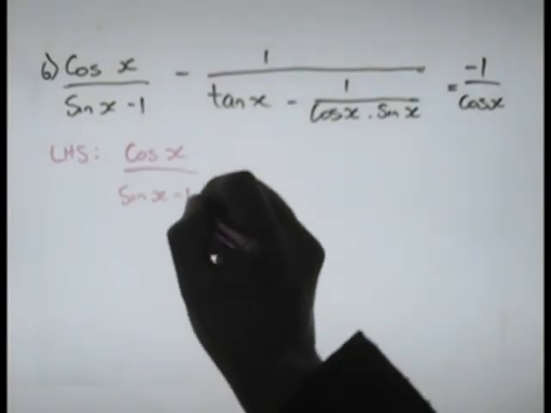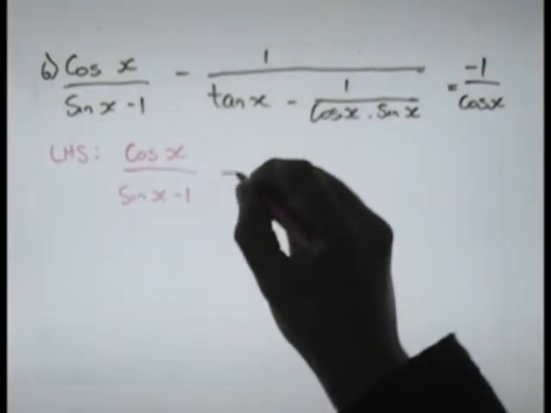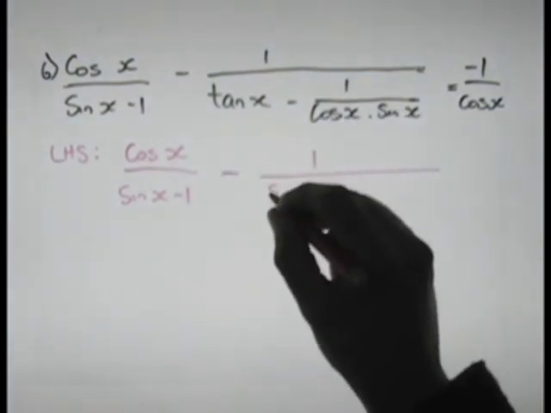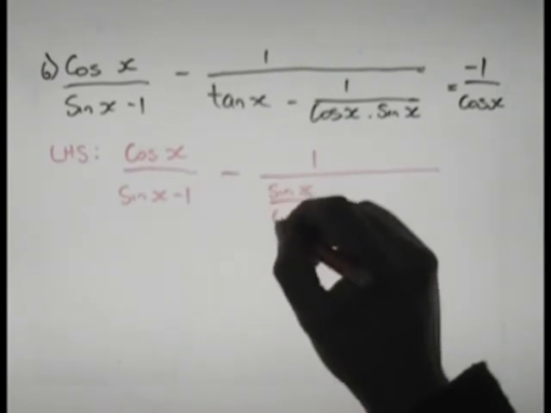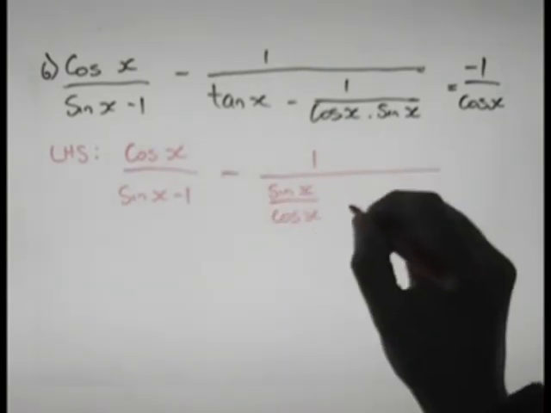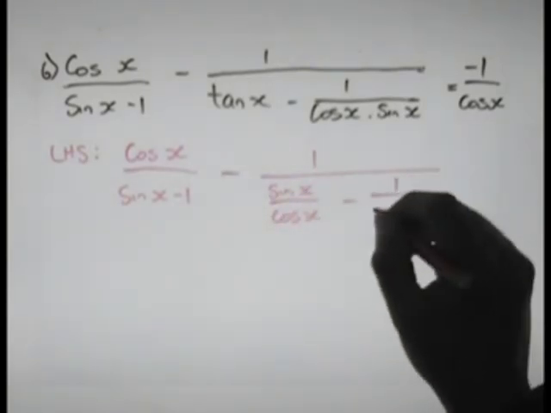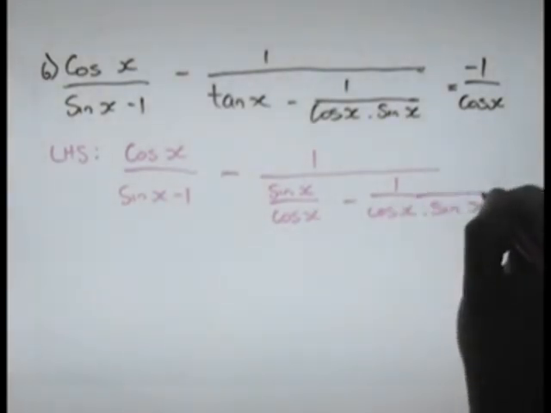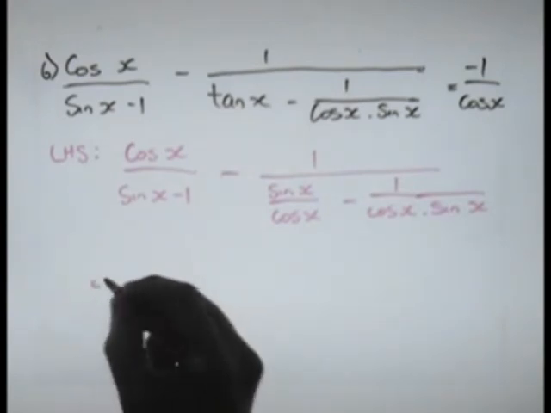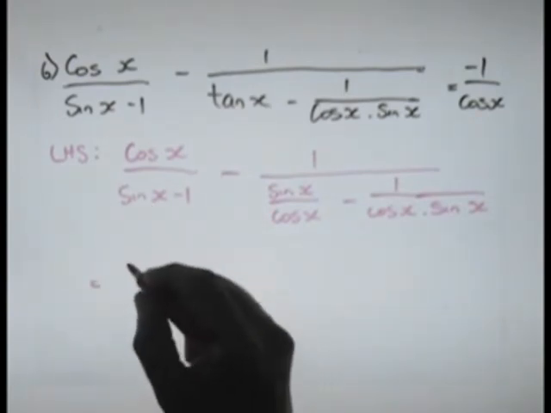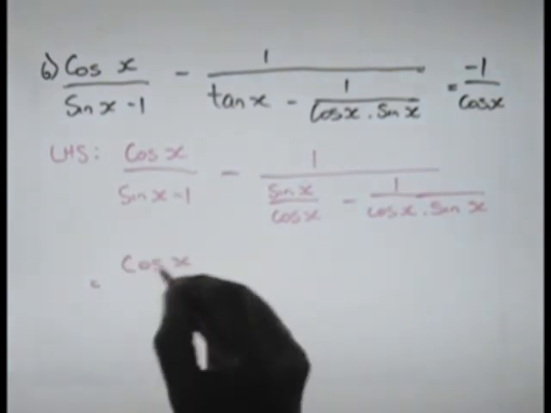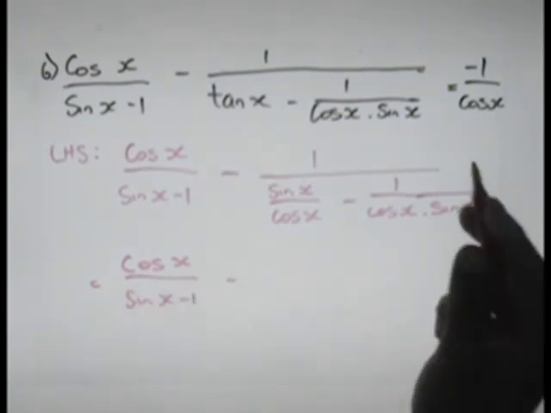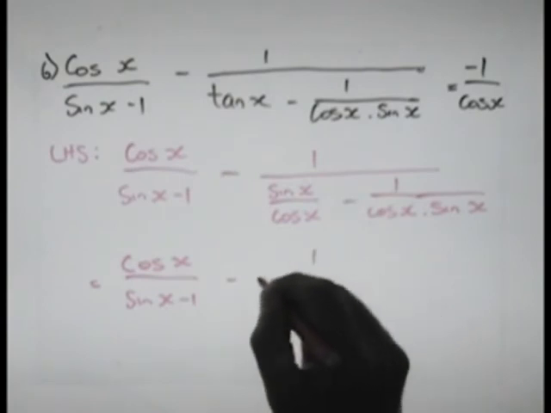Sine x minus 1, let's just leave it as is, minus 1, leave it as is, over tan x will become sine x over cos x, minus 1 over cos x times sine of x. Again, I'm going to leave the first term as is. The 1 I'm going to leave as is for now.